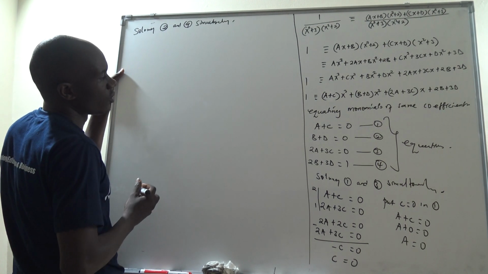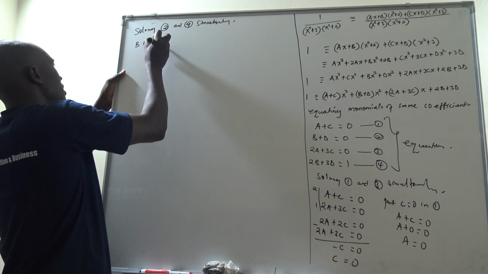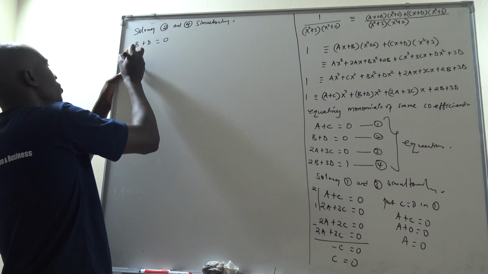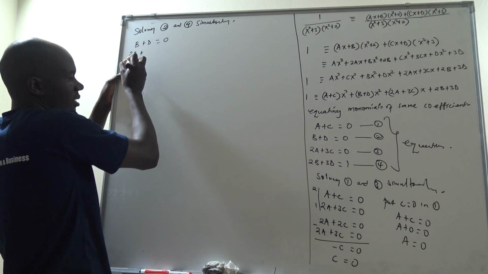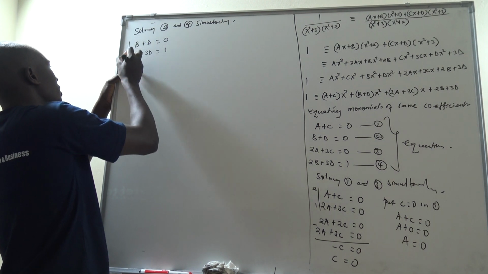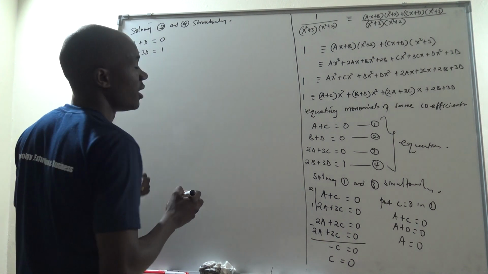So what is equation 2 having? Equation 2 has b plus d equals 0, and equation 4 has 2b plus 3d equals 1. Can we eliminate? Put a 2 up and a 1 down, to eliminate b.